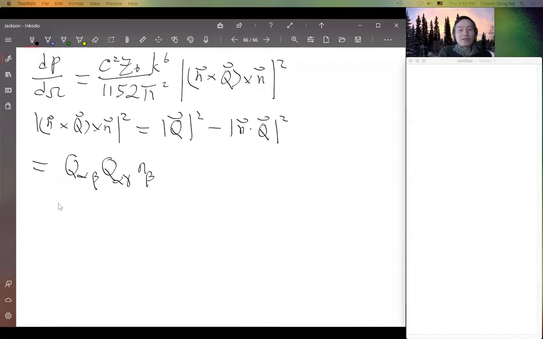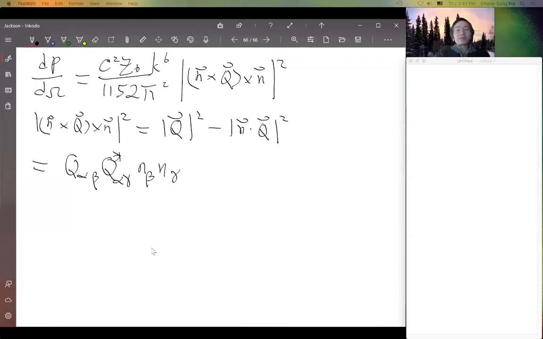Taking the complex conjugate of either one is fine. Then N gamma. And sum over alpha, of course: when you have repeated indices, it means that you sum over alpha from 1 to 3. So that's the first term.